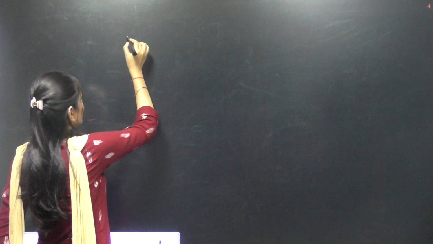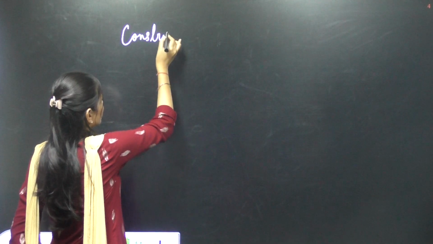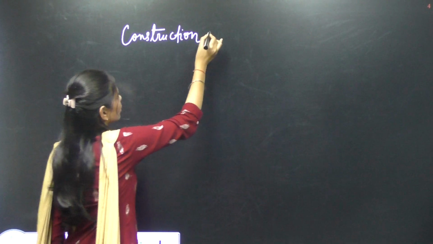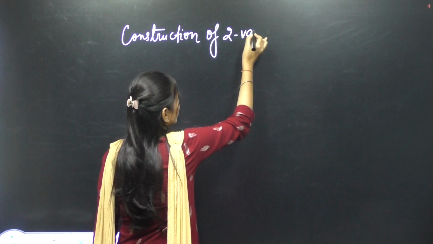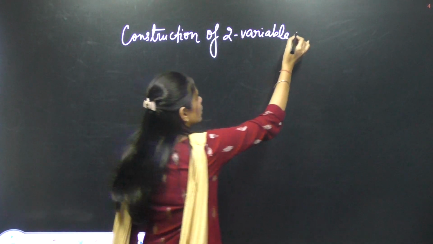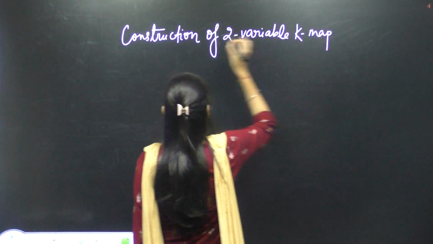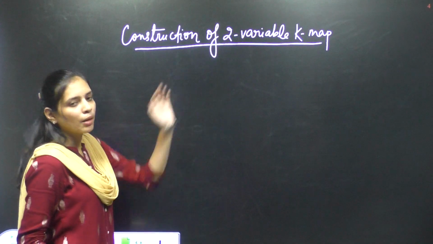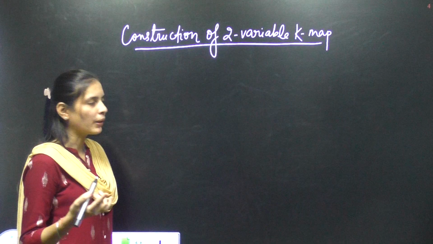So first we will discuss the construction of the two variable K-map. I have already told that if the number of variables is n, then the number of cells will be 2 to the power n.